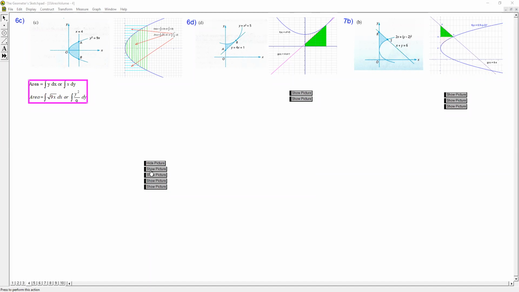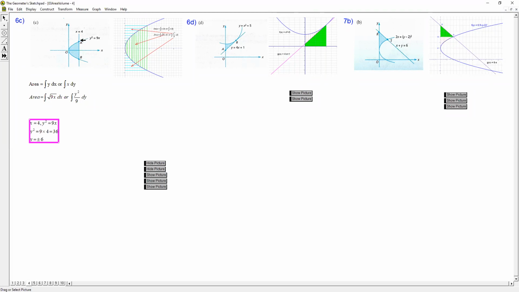Okay, first of all, if I want to use y dx, I have to find out where it actually cuts. I want to find this point of intersection and the point of intersection here. X equals 4, then y is equal to 6 and negative 6.